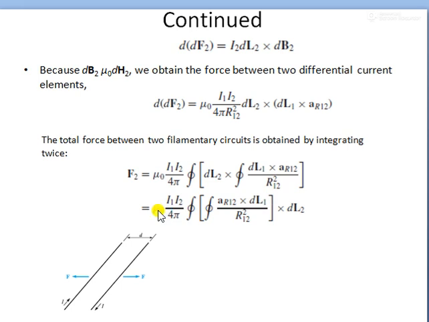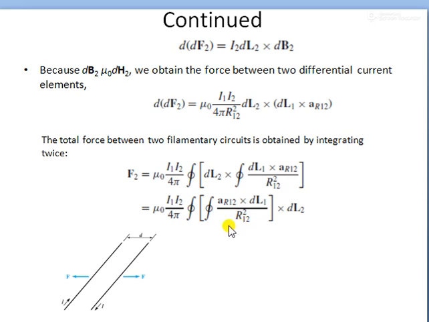This is simplified again as mu naught I1 I2 divided by 4 pi, the closed integral of dL2 cross the integral of dL1 cross aR12 divided by R12 squared. This is the expression.